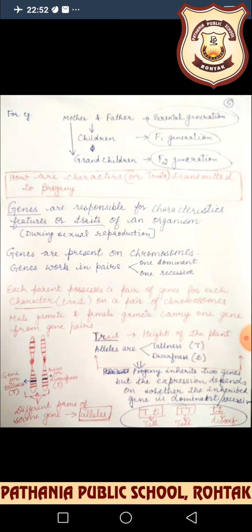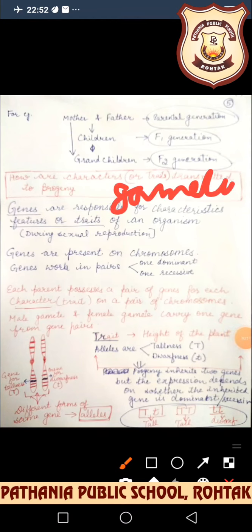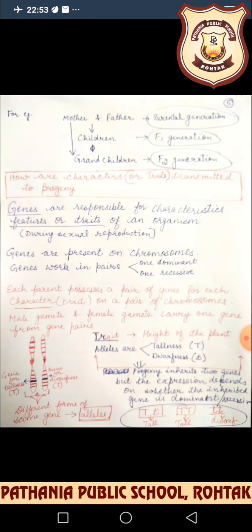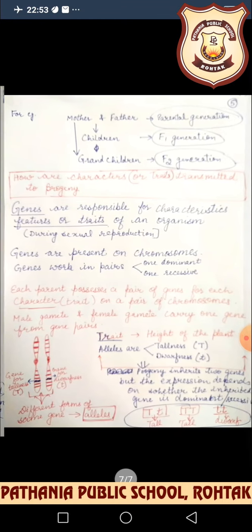Here you will be able to understand that all the characters are transmitted to the progeny through gametes. These gametes carry the chromosomes, but one chromosome from each parent comes and forms a chromosome pair.